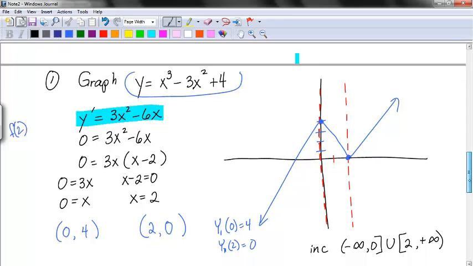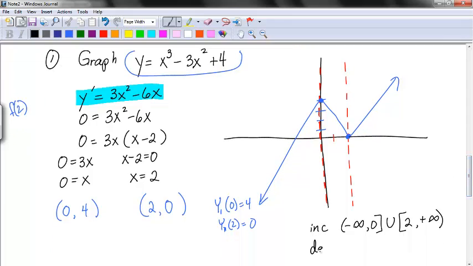Where is this graph decreasing? When they say increasing, decreasing, all they're saying is increasing is a positive slope, and decreasing is a negative slope. Where does it have a negative slope? 0 to 2. Now you should also be able to tell your relative max and mins, or local max and mins.